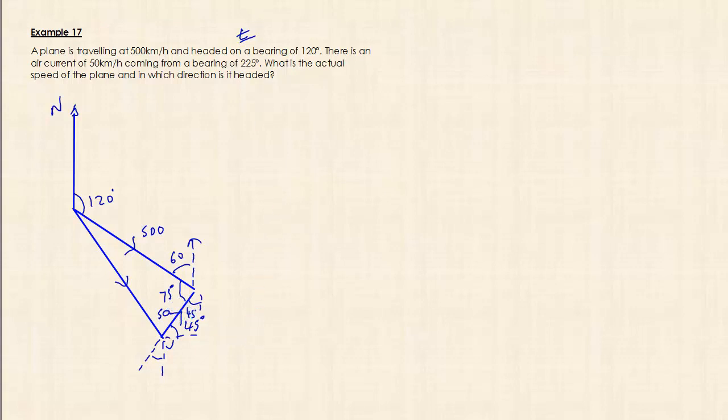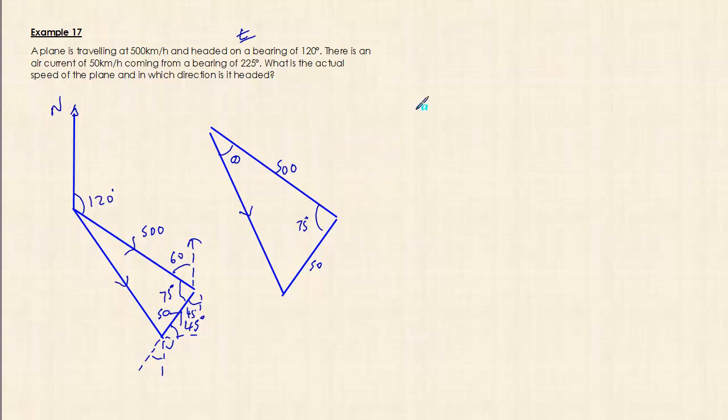We know that the magnitude of this wind is 50. So if we just draw that triangle out, because it's quite cluttered now, what we know is that this angle is 75, this length is 50, this length is 500, and we want to know the length of this side, and this angle here would help find the bearing.